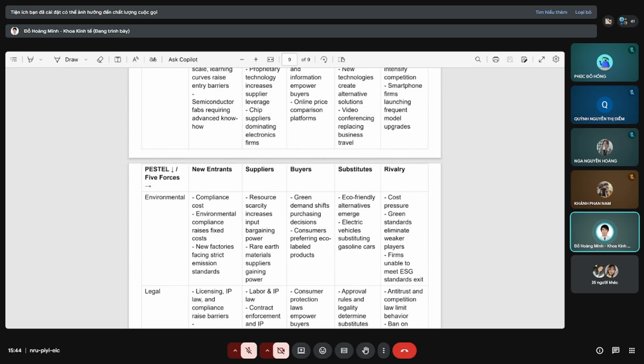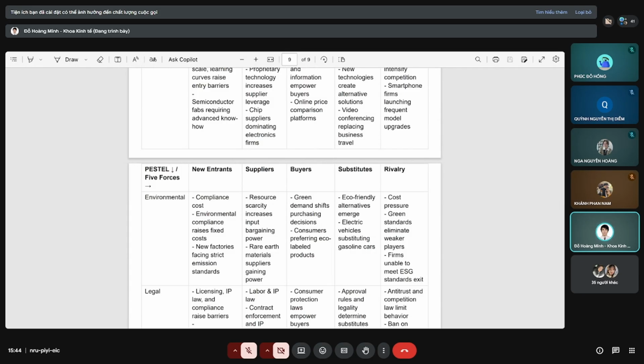For example, the carbon dioxide emission. They have to reduce the emission. So that environmental requirement, in terms of carbon dioxide emission, can lift up the production cost, as an entry barrier.